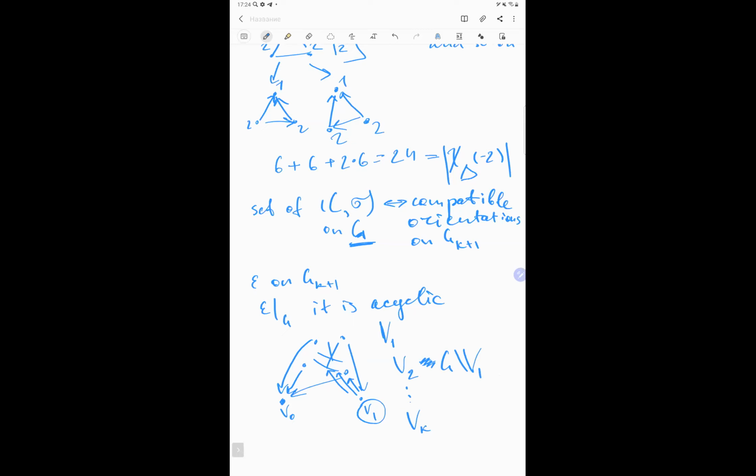Why is V0 a sink? Why do we assume that 0 is a sink? Так, сейчас. Потому что в V0 у нас самое маленькое значение Z0, а мы говорим, что из самого маленького значения никуда нельзя прийти.